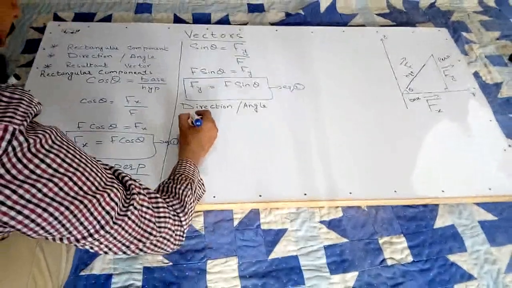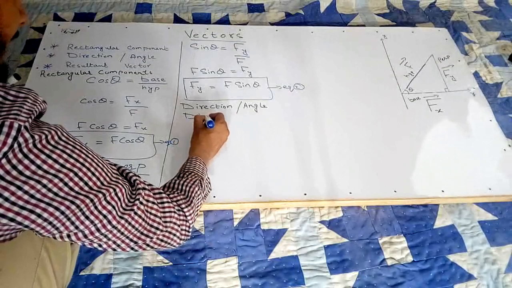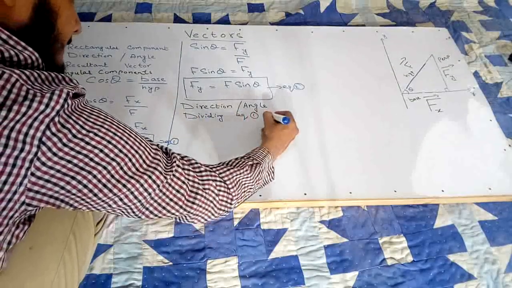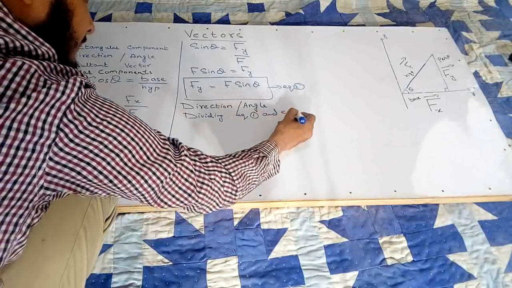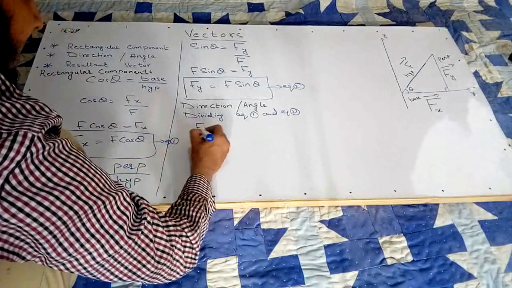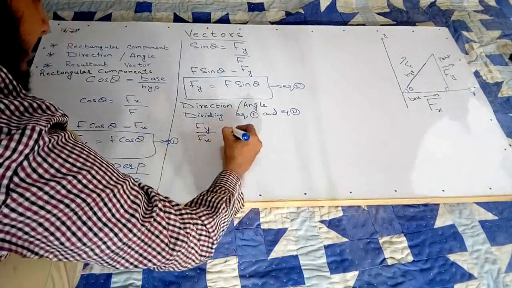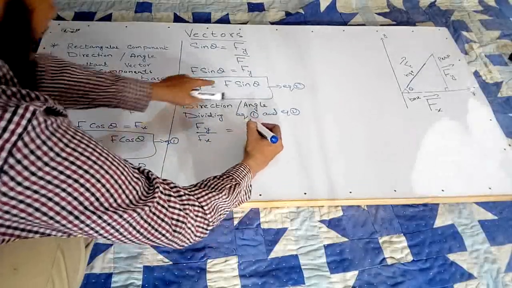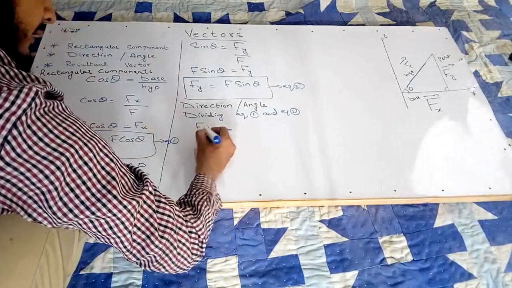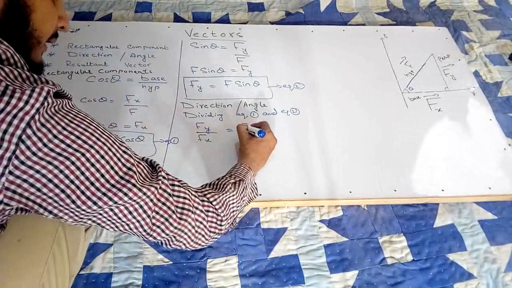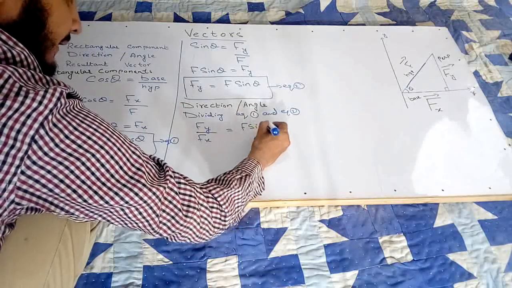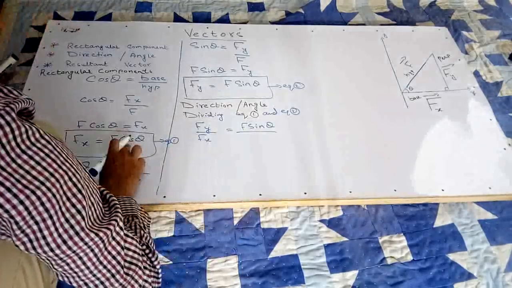If we divide equation 1 and equation 2, left side divided by left side, and right side divided by right side, we get Fy upon Fx equal to F sin theta upon F cos theta.